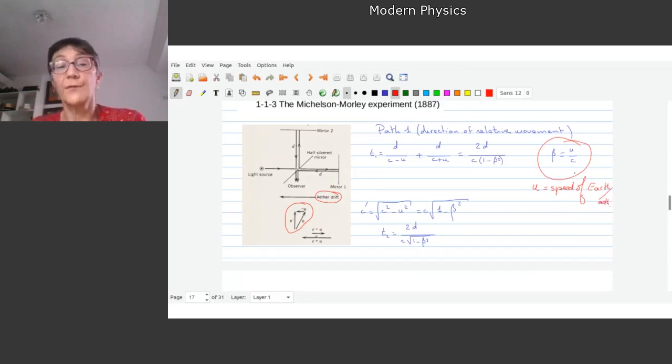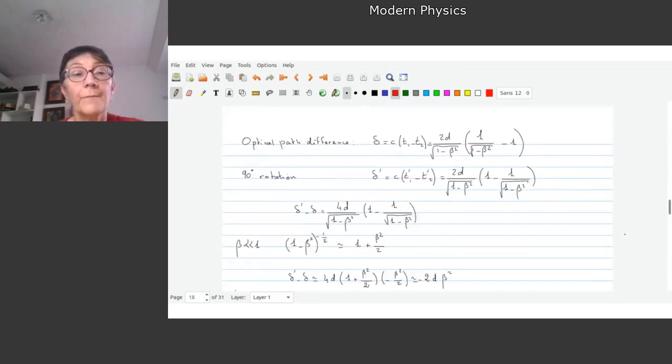Okay, u is the relative velocity of the two reference frames. And in this direction here, you will have this construction. So it is c prime, and this is this velocity. So you calculate the times t1, t2, and so you should have some optical path difference.